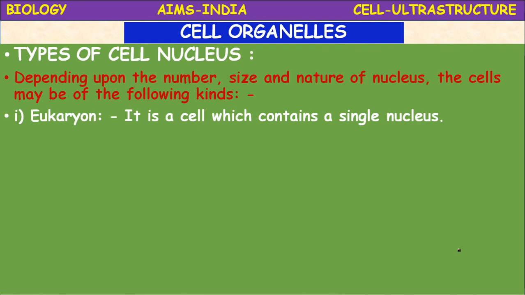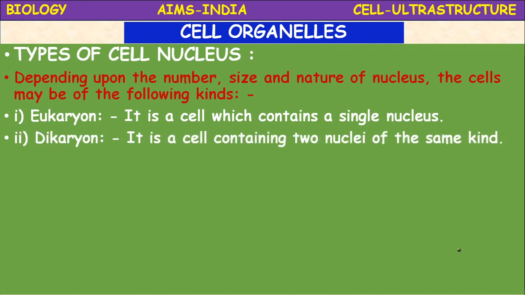Eukaryon: a cell which contains a single nucleus. Eu means true, karyon means nucleus. If only one nucleus is present, such cells are called eukaryon.